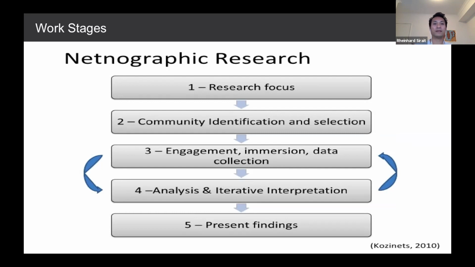Or basically you just use the data from the library or portal news that you mentioned before.